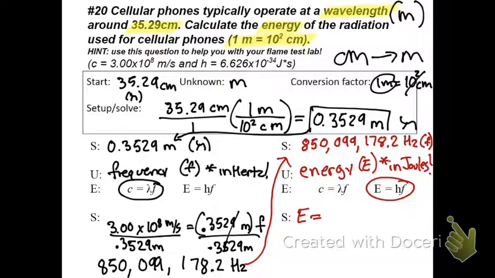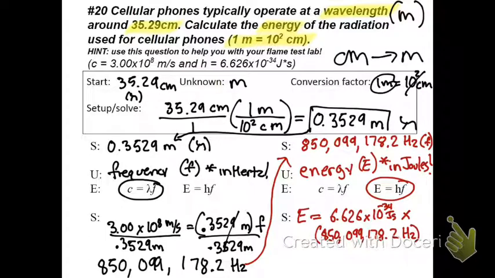E equals Planck's constant, which is 6.626 times 10 to the negative 34th joule seconds, times, and I apologize, I'm going to run out of room here, so I have to wrap around, 850,099,178.2 hertz.